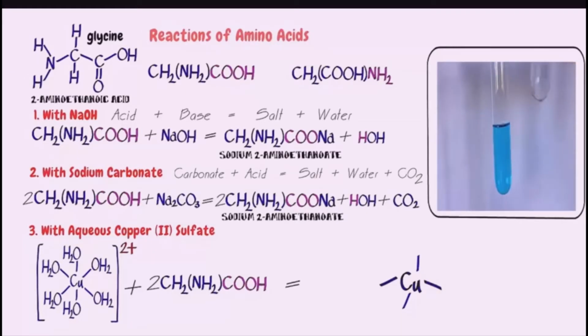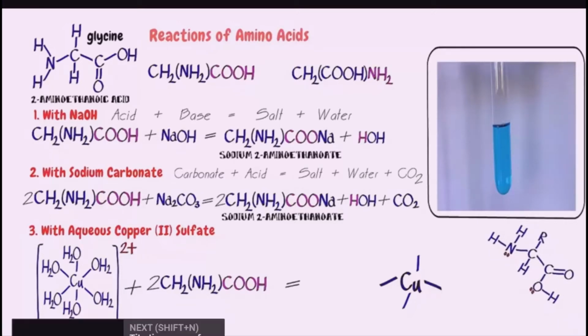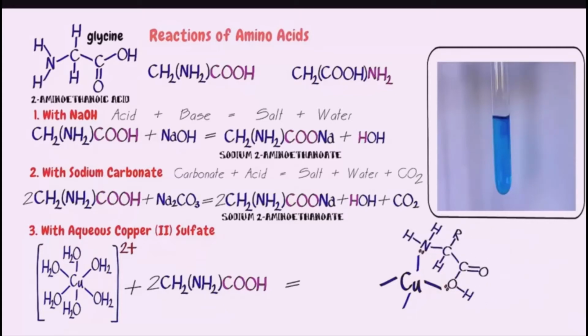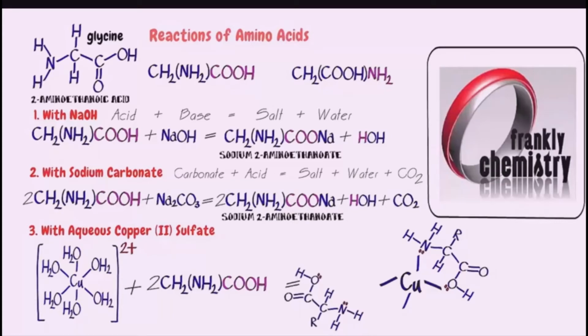Changes from being what's known as 6 coordinate on the left to 4 coordinate here on the right. Watch how on the right here we have a glycine molecule coming in, and note that it forms 2 coordinate bonds with the copper 2 ion, one through the lone pair on the nitrogen of the amino group, and the other through the lone pair on the oxygen of the OH of the carboxyl group. And then let me bring in a second glycine molecule.